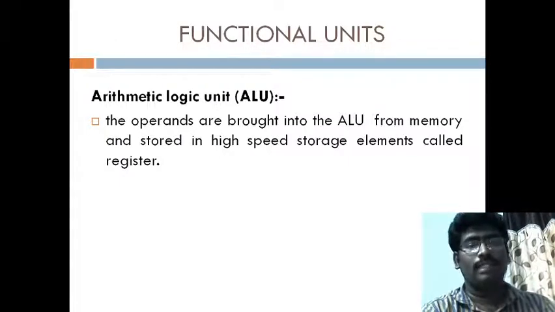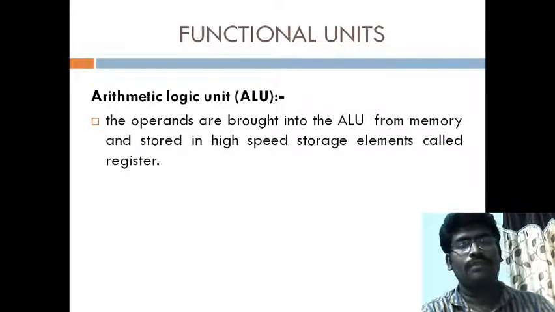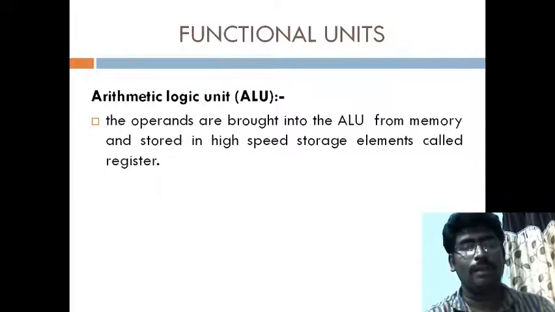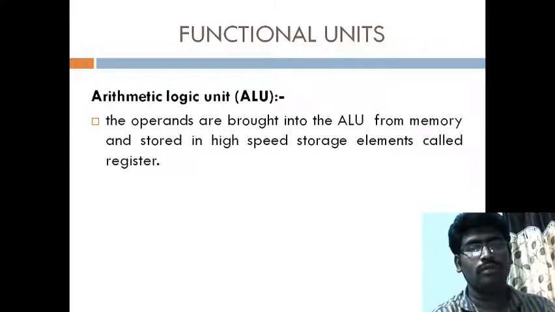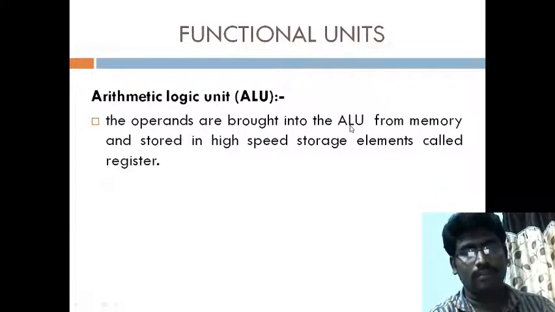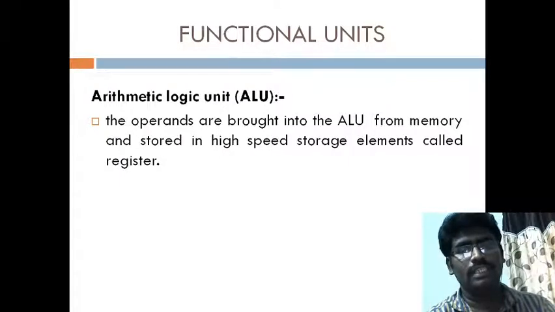But generally we have mentioned one point here. Initially, the operands that the ALU wants to operate on are brought into the ALU from the memory. We have instructions or data stored in the memory, and for executing those instructions, they must be brought into the ALU.